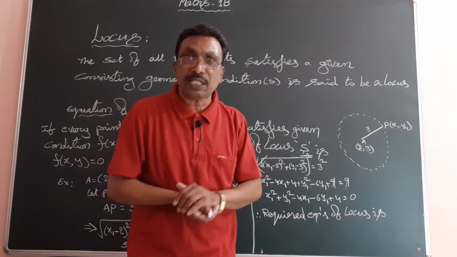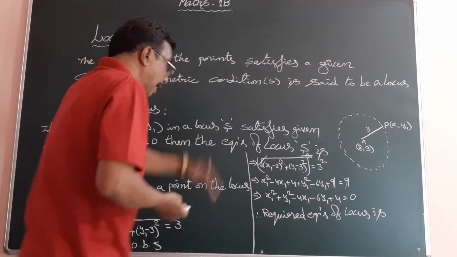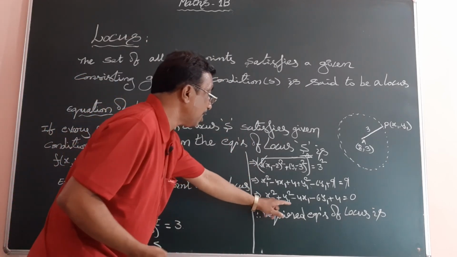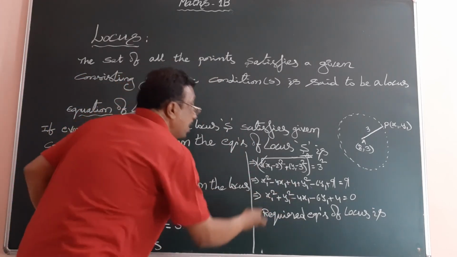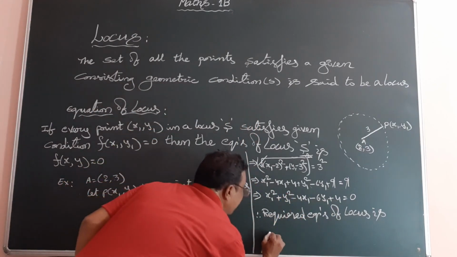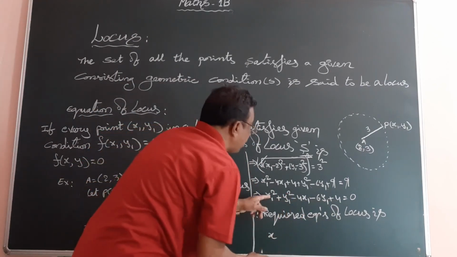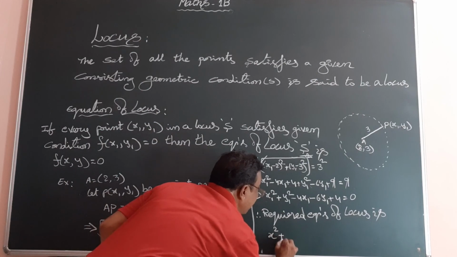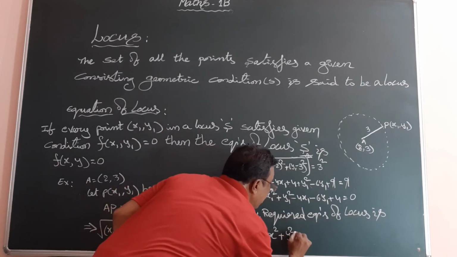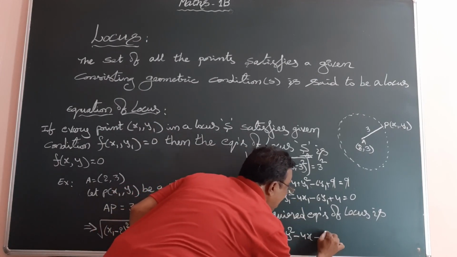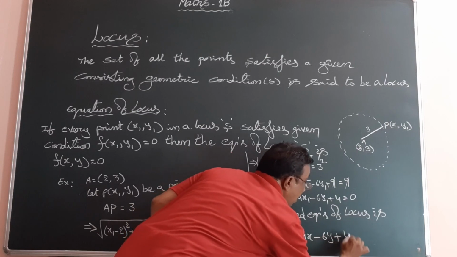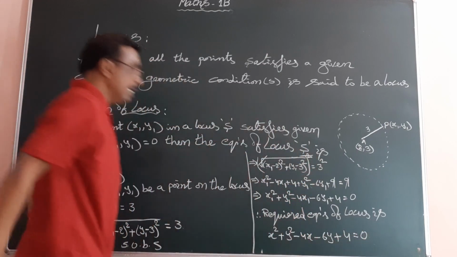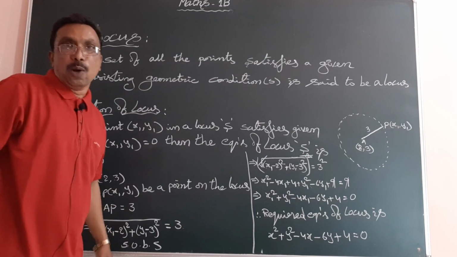Now we write the equation of locus. Replace x1, y1 by x, y. The equation of locus is x square plus y square minus 4x minus 6y plus 4 equals 0. This is the equation of locus.